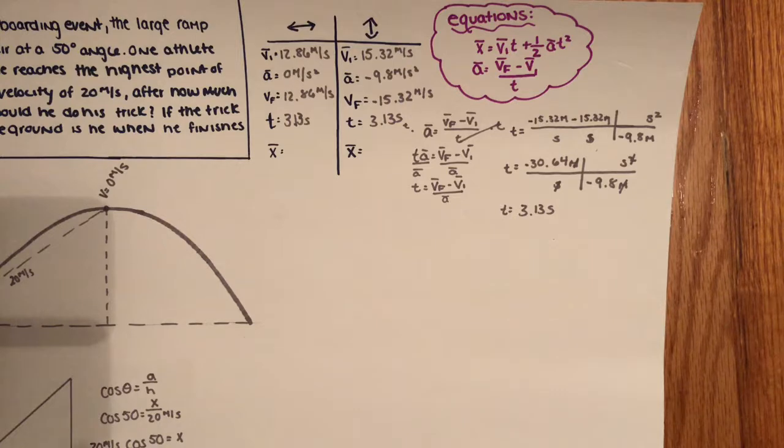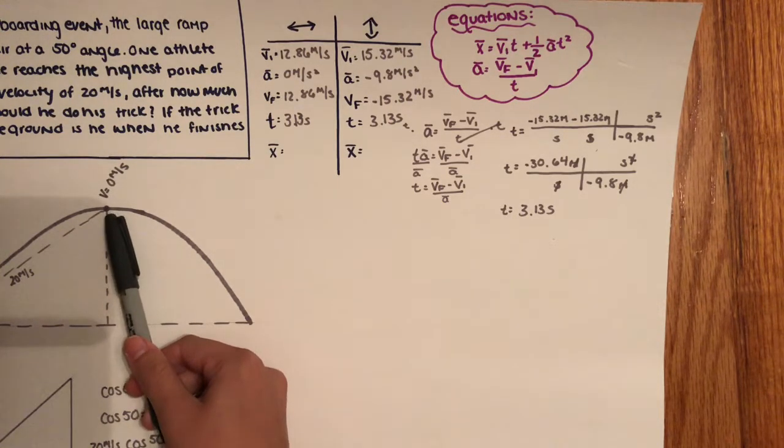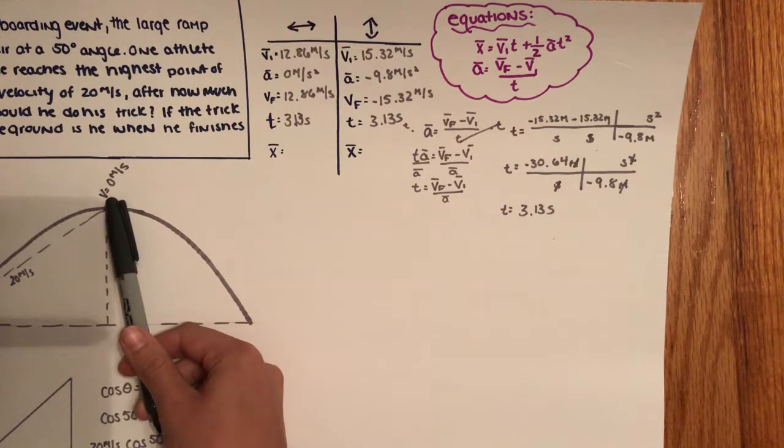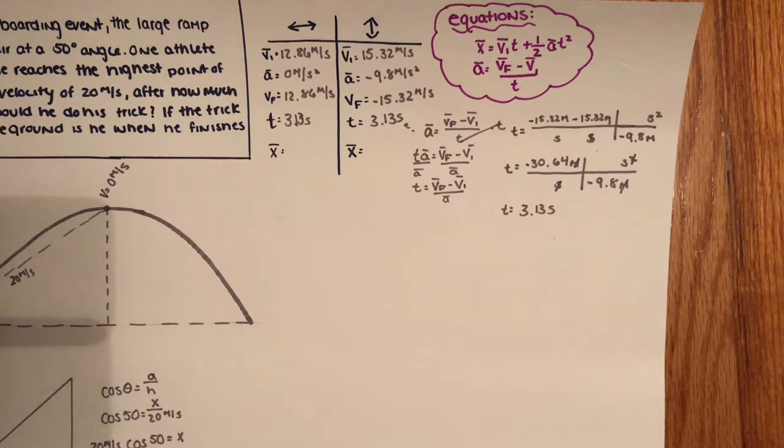Now I want to bring your attention back over to the diagram where I have filled in that at the peak of his jump, his velocity is 0 meters per second. This is his vertical velocity, and the reason that it is at 0 meters per second is because the negative acceleration has finally stopped the direction of the vertical velocity from going up, and the vertical velocity now begins to accelerate downwards.